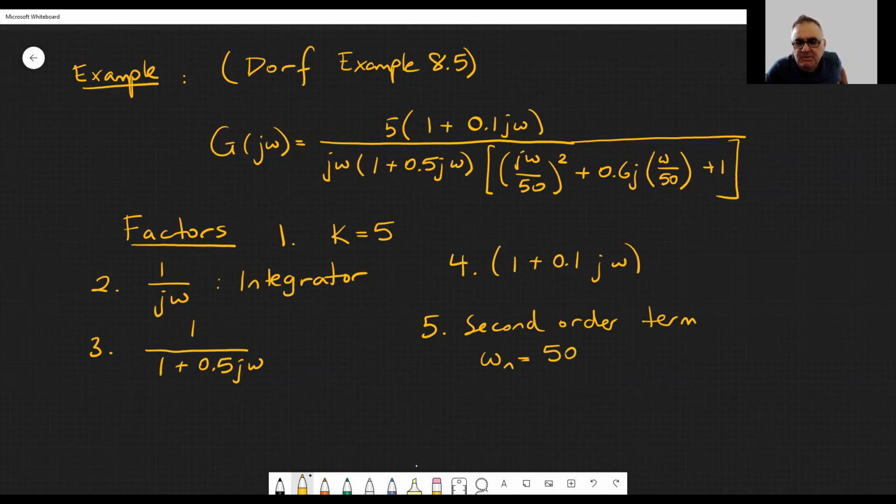And the damping ratio, this is 2 zeta, so zeta is 0.3. Okay, so we will plot them one by one.